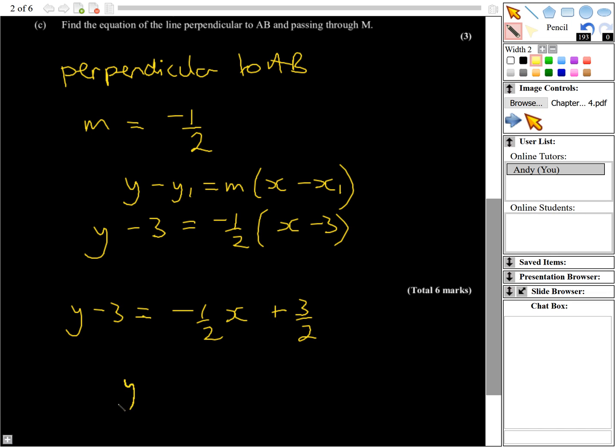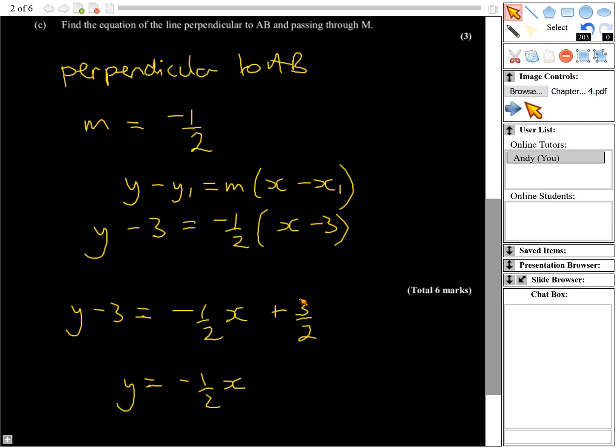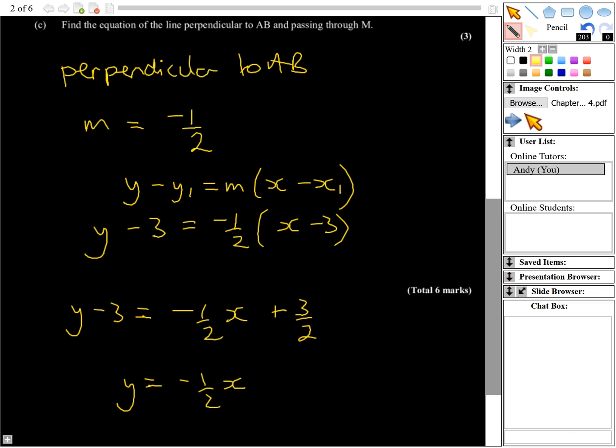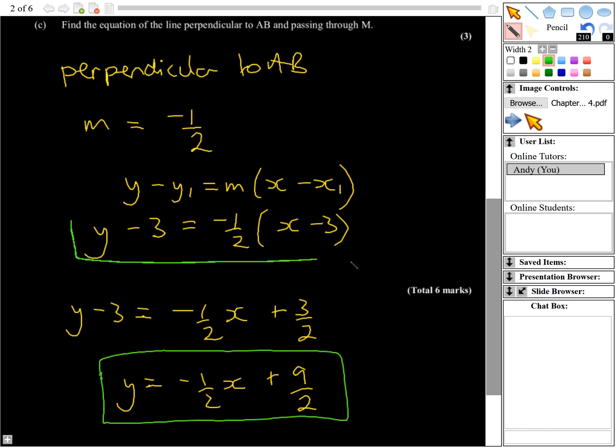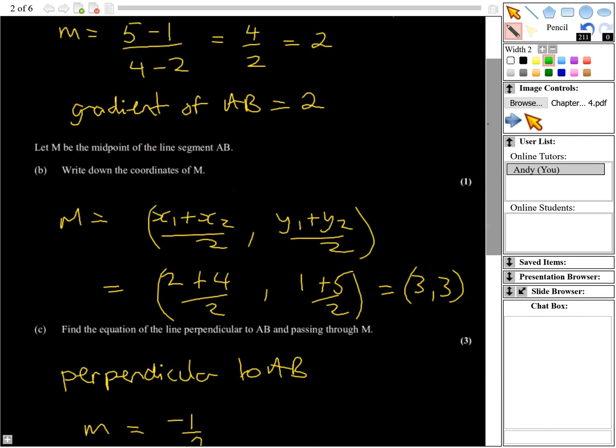So y would equal negative 1/2 x, and then 3 over 2 plus another 3 would be 6 over 2, so together with that 3/2 should give me 9 over 2. But you can use your calculator for that if you want. All right, so that there would be the answer. That would also be an acceptable answer. So we could leave either of those, and that would get us another 6 marks.